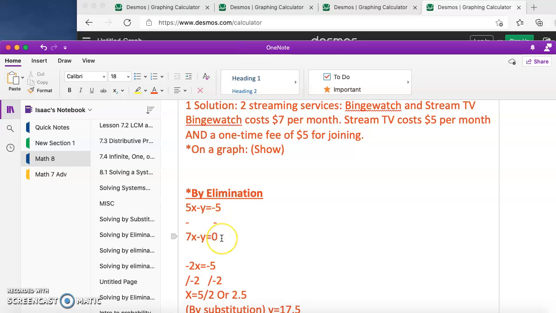Well, it's still just -5. So we'd get -2x equals 5. Divide both sides by -2, and we'd find out, okay, x equals 5 over 2, aka 2.5.